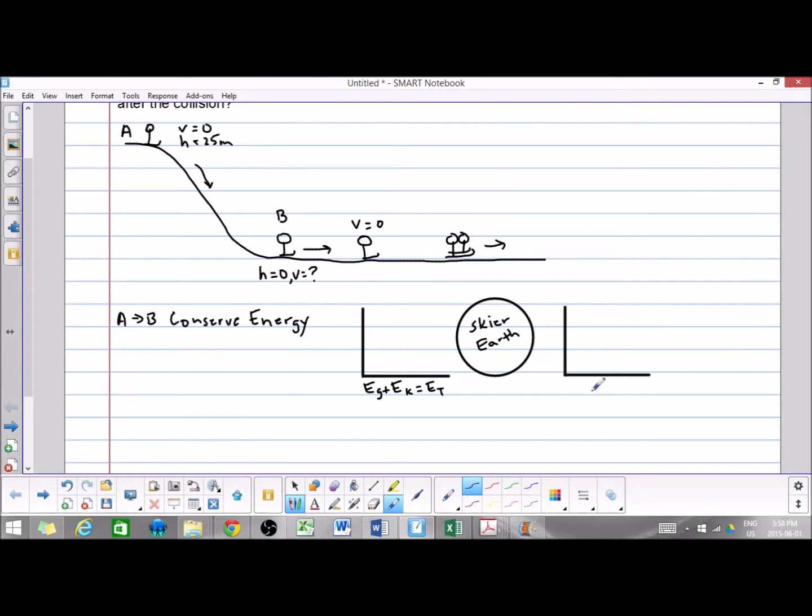And we are considering gravitational potential energy and kinetic energy. Initially, all the energy is gravitational potential energy. But at the bottom of the hill, that's all been converted to kinetic energy.